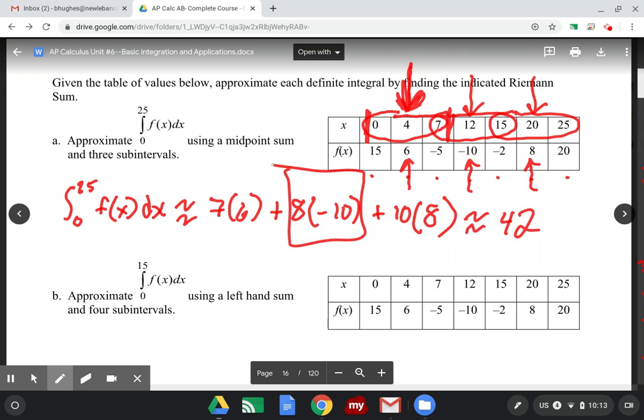We can see here in between 4 and 7, we go from a positive to a negative. So that graph definitely crossed the x-axis, and we're working with all negative values. So we would expect our area for this middle rectangle to be negative because it is underneath the x-axis.